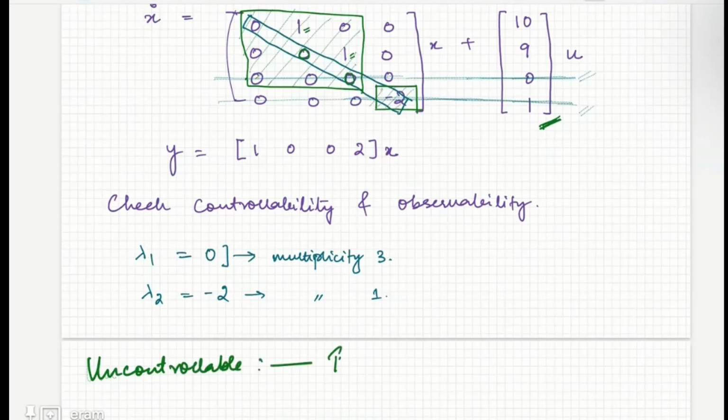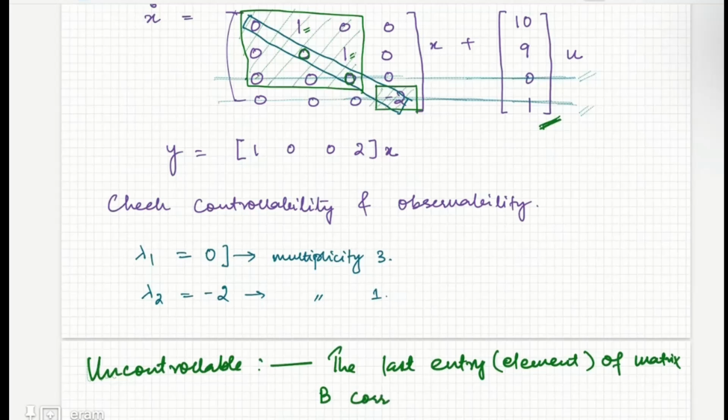Why is it uncontrollable? Because the last entry of matrix B corresponding to the first Jordan block is 0.